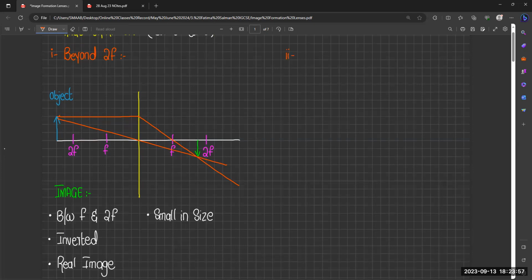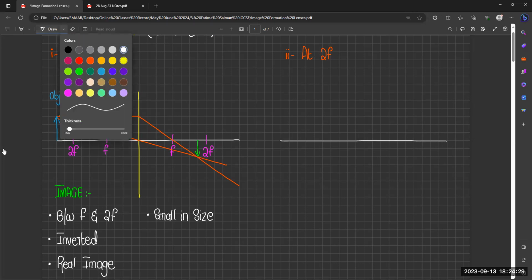If we consider the second case, so in the second situation, when we consider that now object is placed at 2F, so let's see how your image is going to be formed in that scenario. Let's suppose if we again consider the lens and the principal axis. So this is your principal axis. Again, we just need to take the lens.